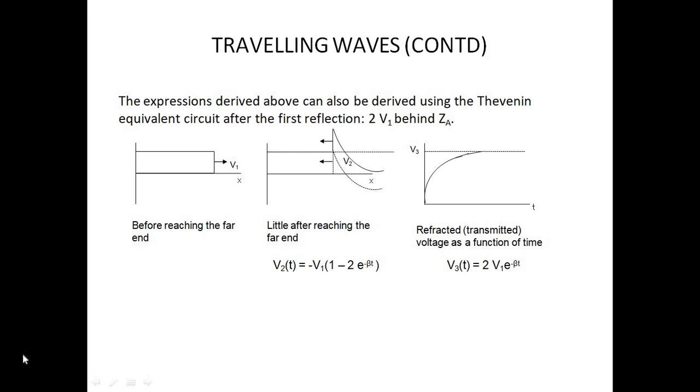The expression derived above can also be derived using Thevenin's equivalent circuit after the first reflection, 2V1 and ZA. The first diagram is before reaching the far end, and then a little after reaching the far end. V2 of t is equal to minus V1 (1 minus 2 e power minus beta t). The refracted transmitted voltage as a function of time, V3 of t, is equal to 2 V1 e power minus beta t.